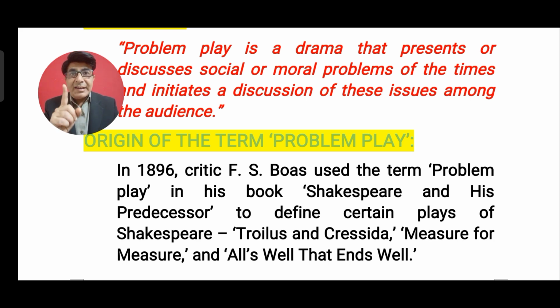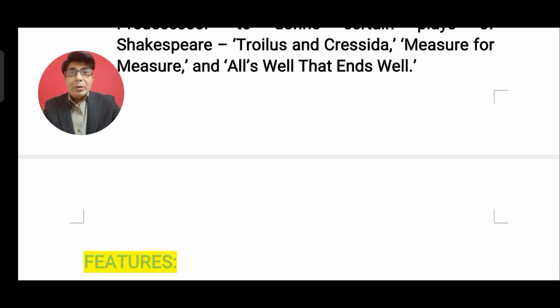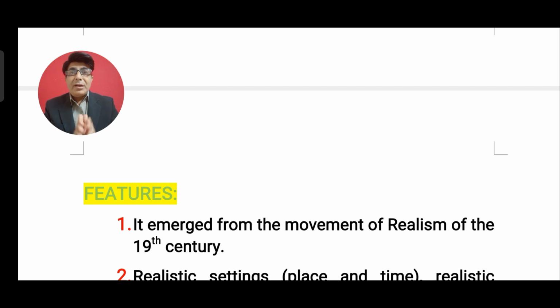He used this term to discuss some of Shakespeare's plays like Troilus and Cressida, Measure for Measure, and All's Well That Ends Well. So for the first time, you should remember the term was given by F.S.